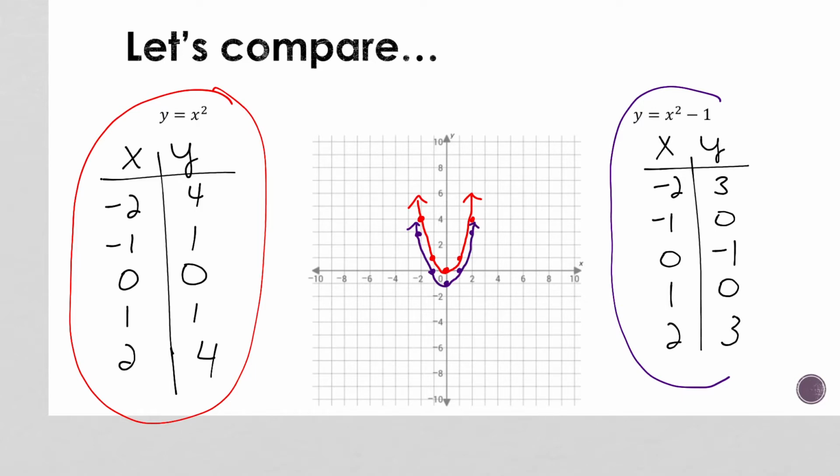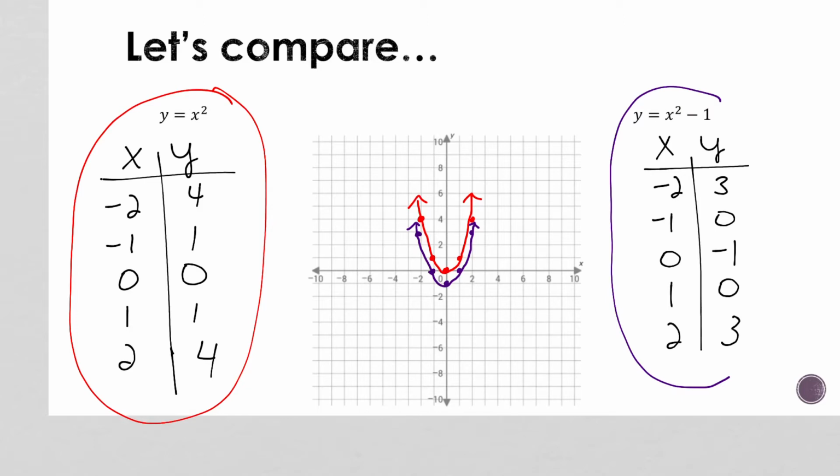For every single x value, this number over here is lowered by 1. Notice this went down 1, this went down 1, this went down 1. So can you maybe deduce that this minus 1 has something to do with it?